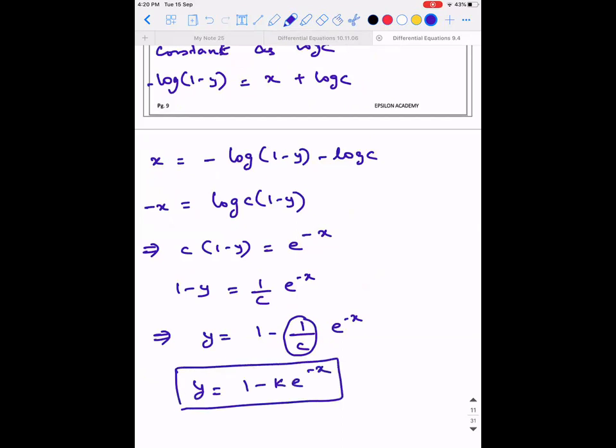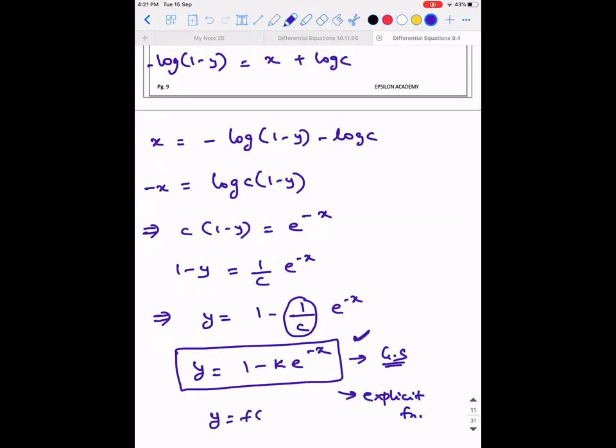So this will be the required answer. If you look at this, it is a function where you are able to separate the dependent and the independent variable, of the form y is equal to f of x. But I hope you are able to understand that they both mean the same.